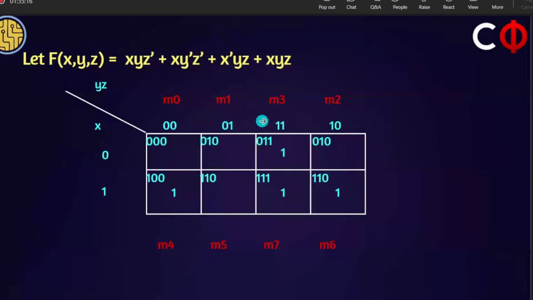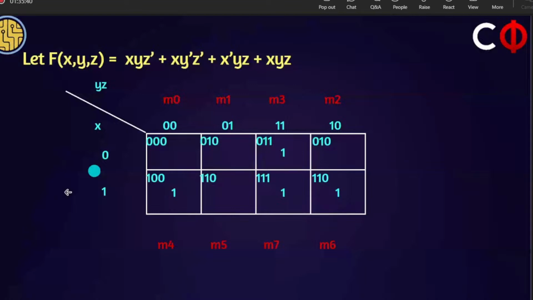That is the structure which we are going to be following. So this is X prime, Y prime, Z prime, and this is going to be X prime, Y prime, Z. This is going to be X prime, Z. This is going to be Y, and mark these down in the respective place.